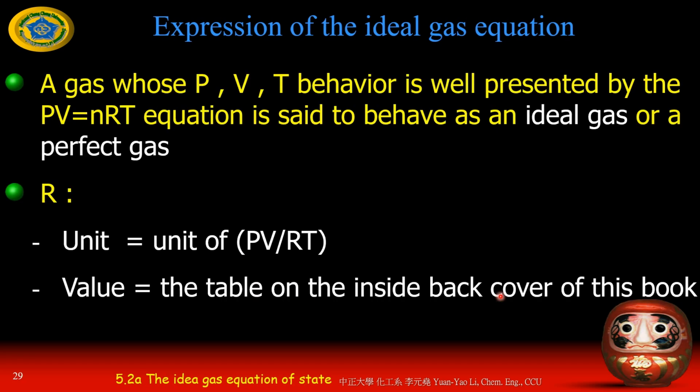A gas whose PVT behavior is well represented by the PV equal to nRT equation is said to behave as an ideal gas or a perfect gas.